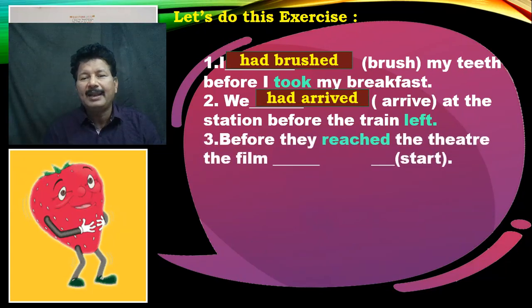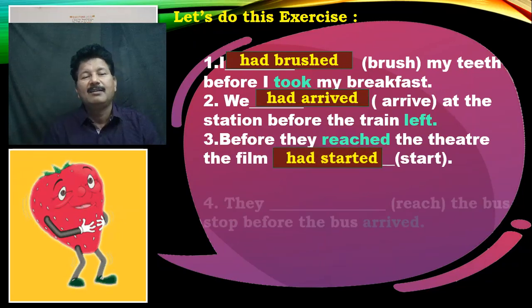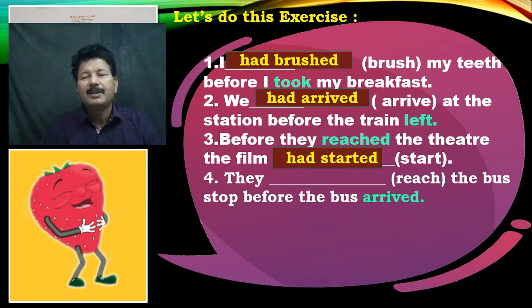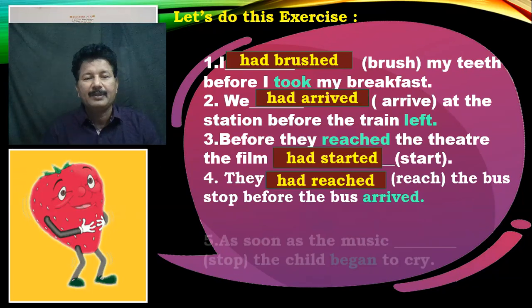So, now before they reached the theater, the film had already started. Right. So, they dash the bus stop before the bus arrived. So, whether they reached the bus stop first or the bus arrived first. Obviously, they had reached the bus stop before the bus arrived.